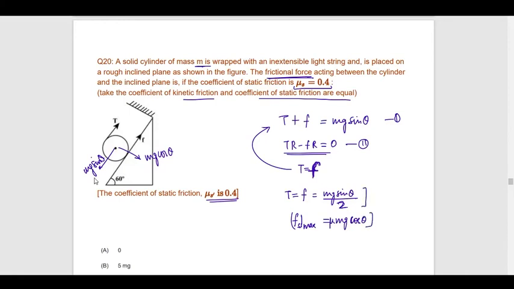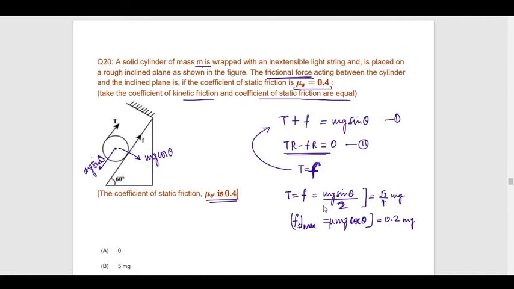If you compare these two values, you will get the value of limiting friction as 0.4 multiplied by mg multiplied by cos theta. Theta is 60 degrees, so cos 60 is half. So we are going to get 0.2 times mg, whereas the value of mg sine theta divided by 2 will be equal to root 3 by 4 times mg.